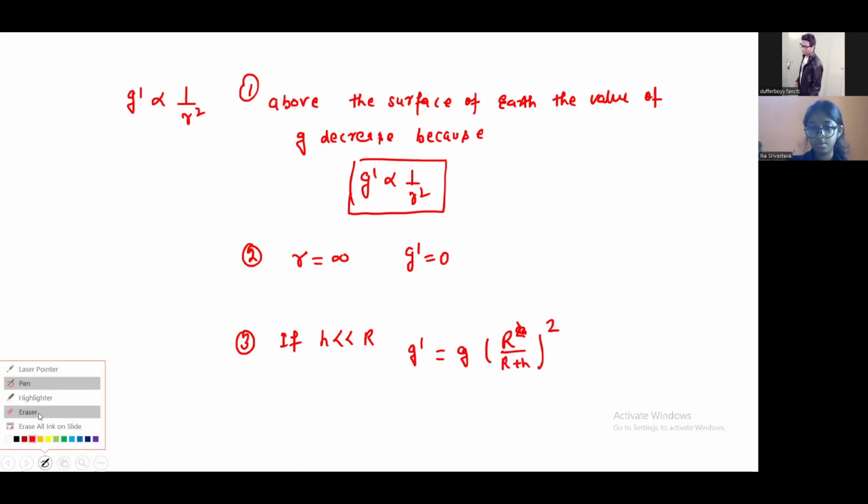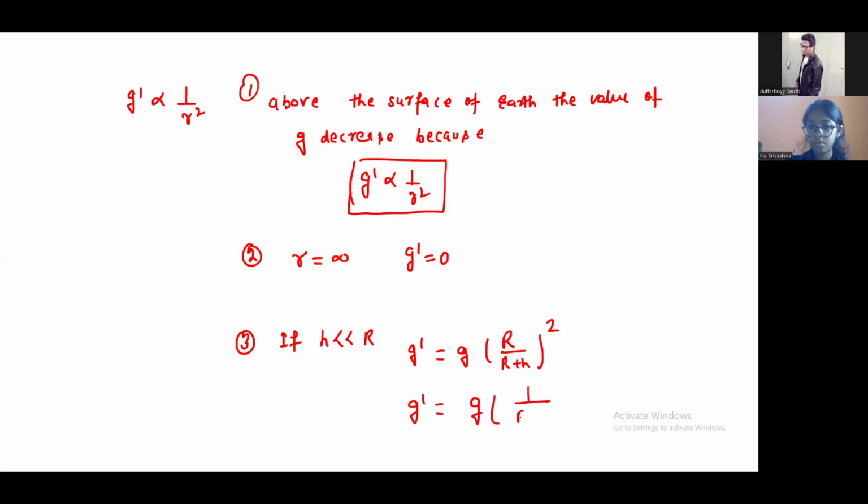First of all, we have h compared to R, so we need to convert that into another form. We can write g into 1 upon (1 plus h upon R) whole square. I take R square inverse because we need to compare h, which is less than R. So first make the relation of h to R.